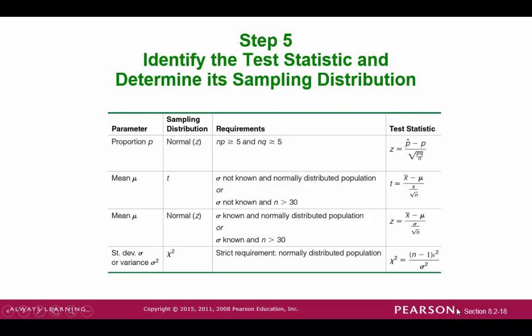Our mean will depend on whether or not you know the population standard deviation. So that breaks down to 2 more different scenarios. If we do not know sigma, we will use what's called the t distribution. And if we do know sigma and the population is normally distributed, we can use the normal distribution z. For standard deviation, we will use the chi-square distribution.